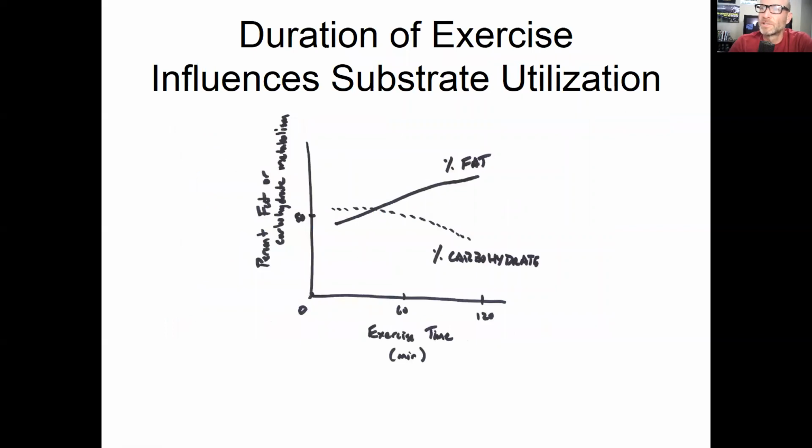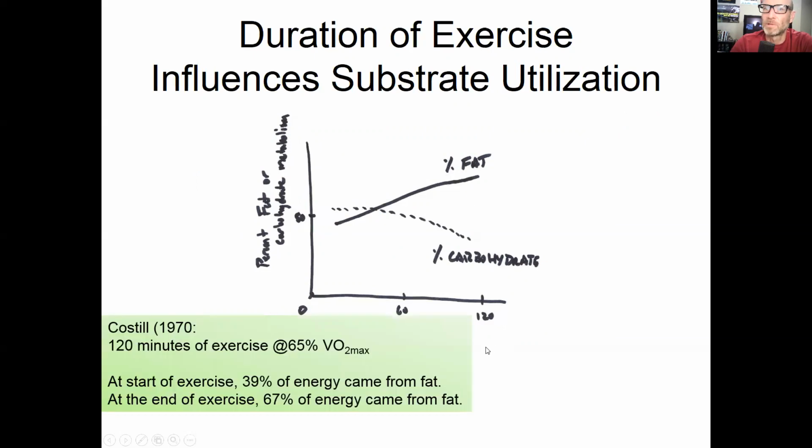Okay, this is just another, hitting this home, but another factor that influences substrate utilization is exercise time. As we go longer in time on the x-axis, it will change which fuel we'll use, percent fat or carbohydrate metabolism. As we go longer, we tend to use fat more as the fuel versus carbohydrate.